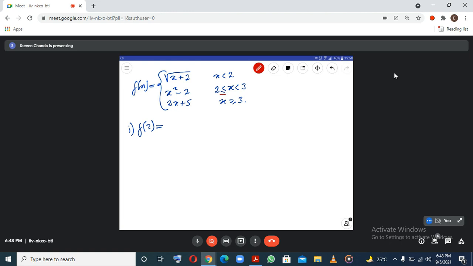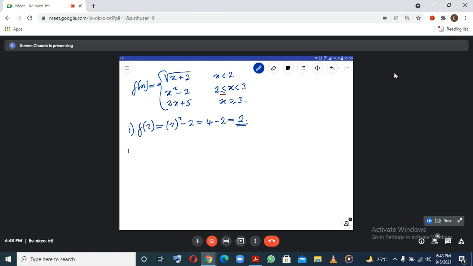So when we're trying to find f of 2, we are going to use the second equation. So we do that.